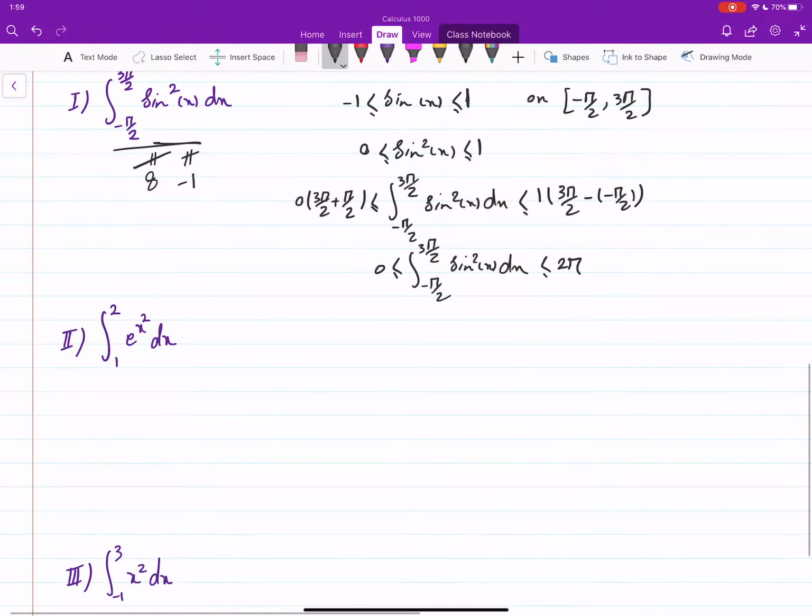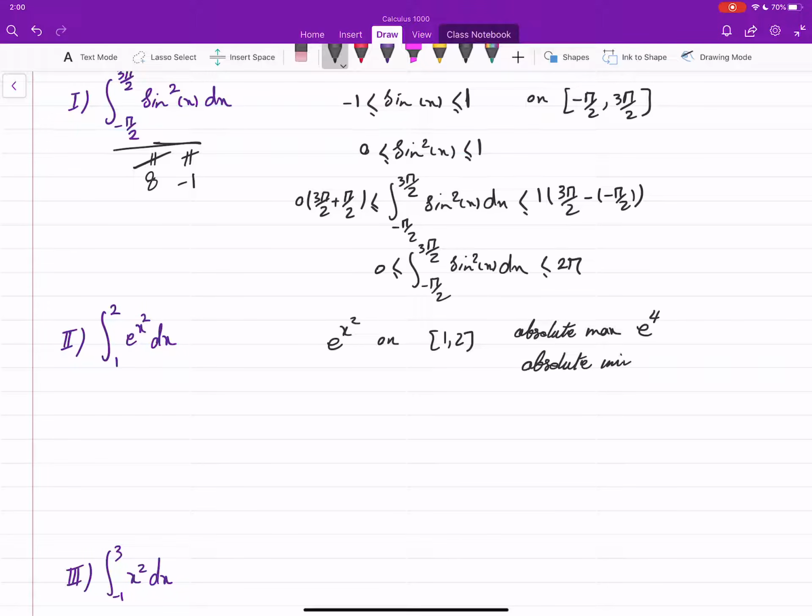Well, we have e to the power x squared. The best approximation you can get here is using absolute max and min on the interval. So on the interval 1 to 2, the absolute max is e to the power 4, and the absolute min is e to the power 1.